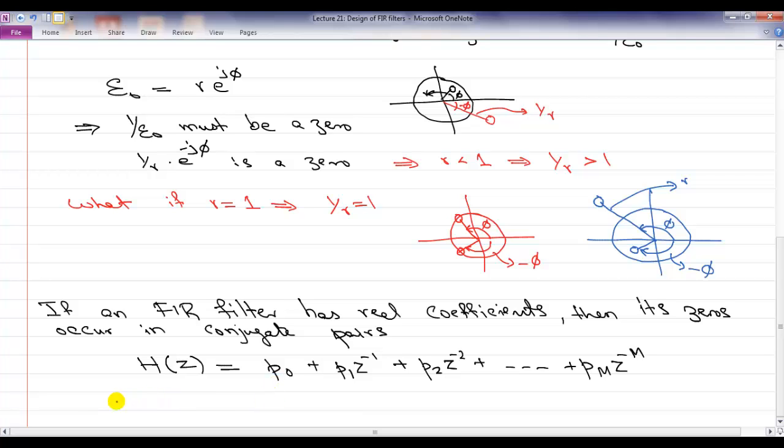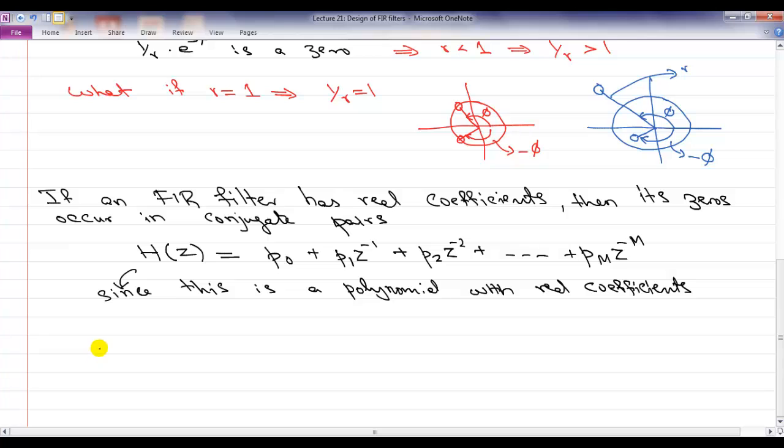So since this is a polynomial with real coefficients, its roots must occur in conjugate pairs.